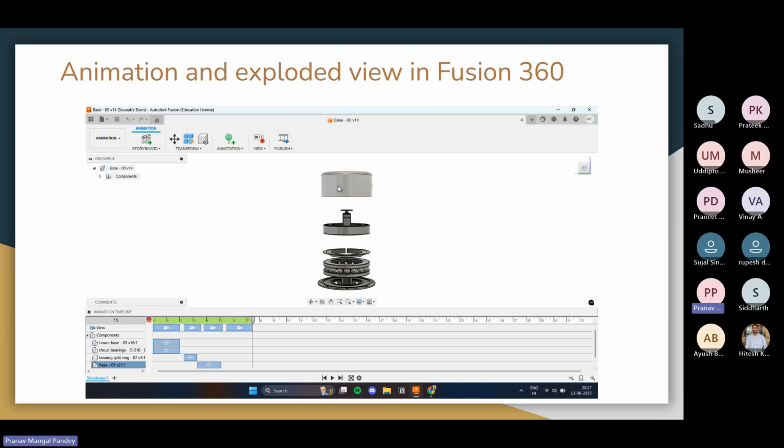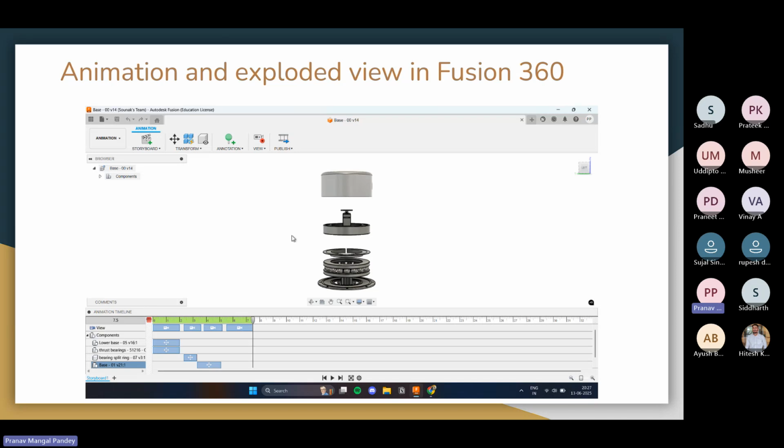For the upper base, I will attach it with the servo, with the normal bearings, the thrust bearing, and the slip ring in between. Together, this whole thing is actually the exploded view of the interface drawing of the upper part of the base.